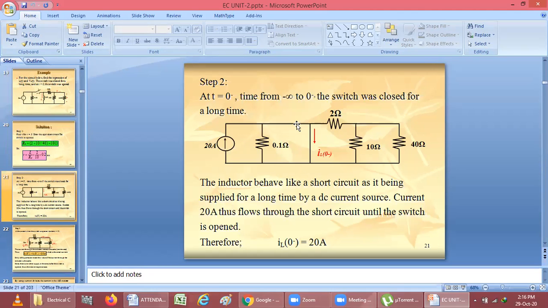So when time is from minus infinite to 0 minus, the switch was closed for a long time, and at that time we can consider the inductor as a short circuit. So the current that will flow through the inductor before switching and after switching will be 20 ampere.